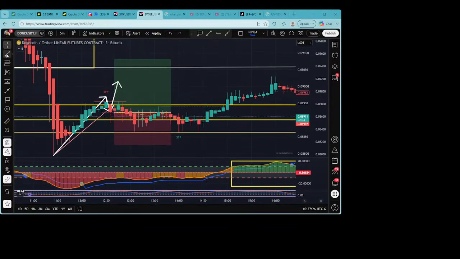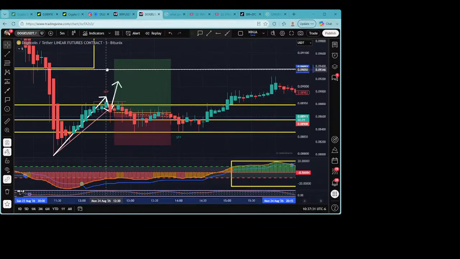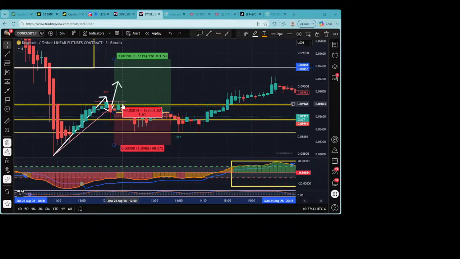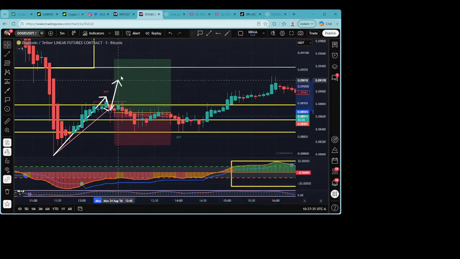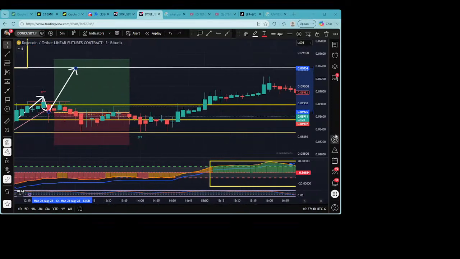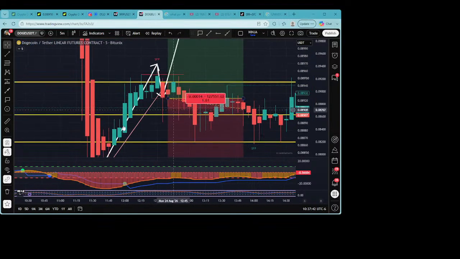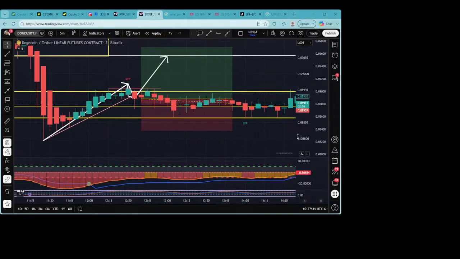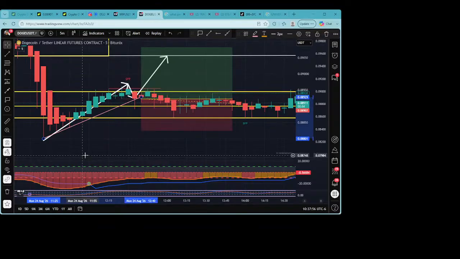Which would put a target somewhere on this white line here, which is why we had that white line there last night. So that's kind of like the target that it's supposed to get to, had this played out the way the strategy was supposed to be.